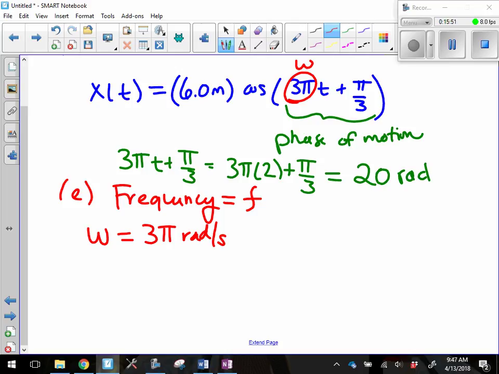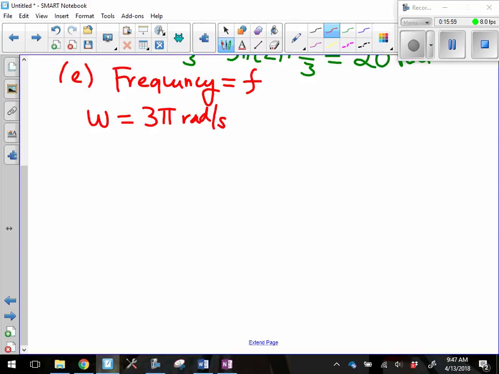Keeping in mind that, okay, well, since there seems to be some question here, what does part F ask us to find? The period. And hang on, what's my symbol for period? T. Okay, now, what else is omega?